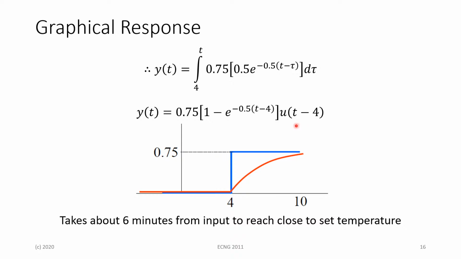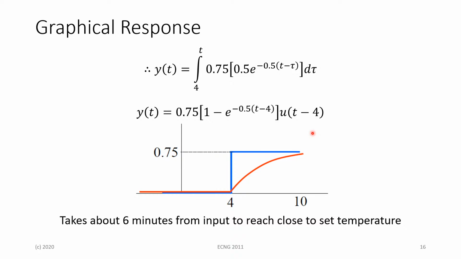The u of t minus 4 with respect to the shift is basically the same thing. It can be any point before the start of it.